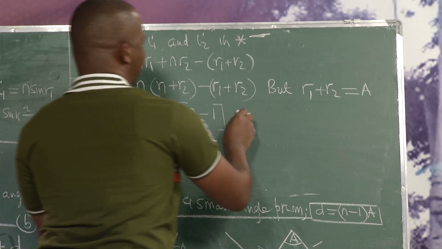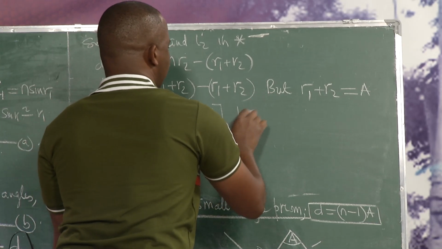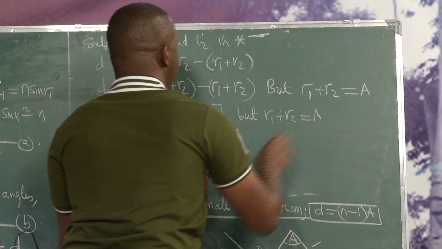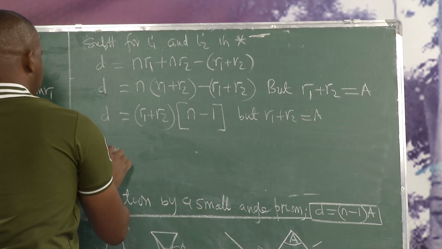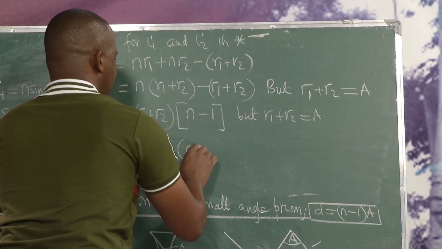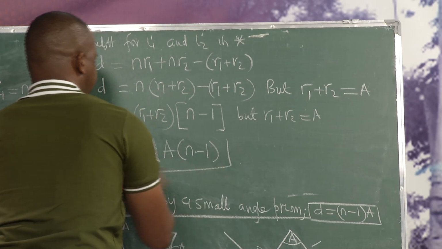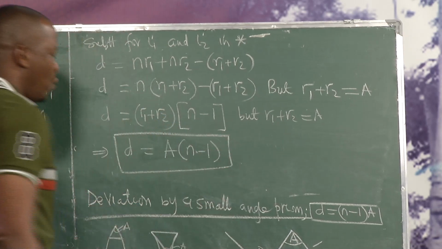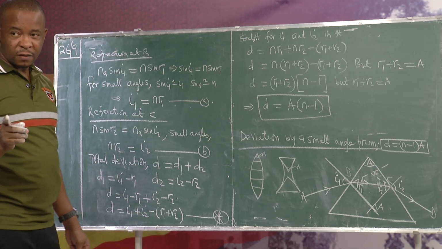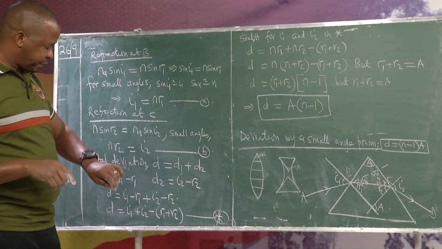If I substitute for R1 and R2 as A, I will therefore get my D as A into n minus 1, which is the expression for the deviation for a small angle prism.